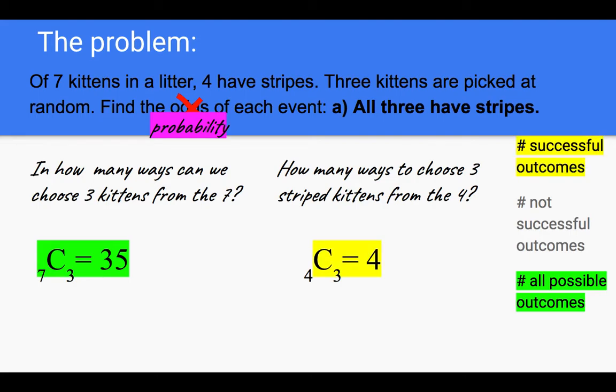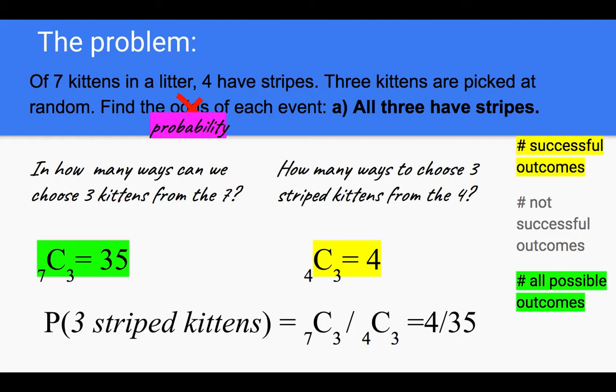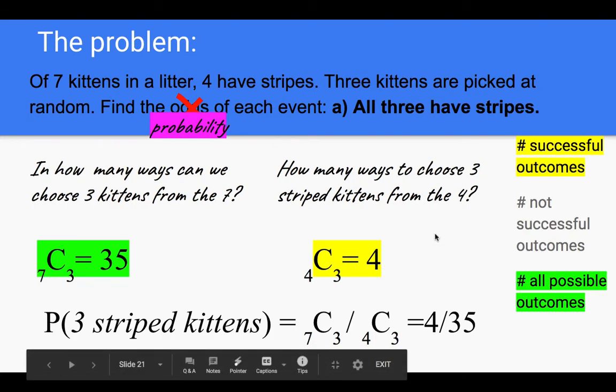So it's 4C3, and these are the successful outcomes for this problem, for the all 3 have stripes. What is the probability then? The successful outcomes divided by the number of all possible outcomes. So it's 4 out of 35.